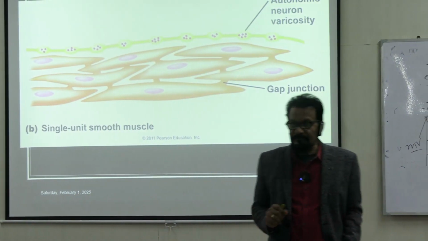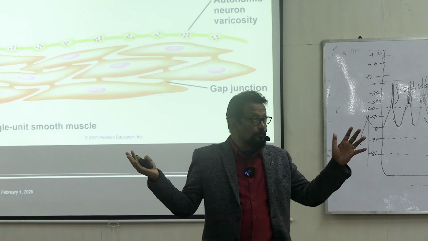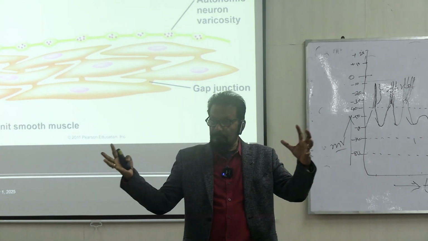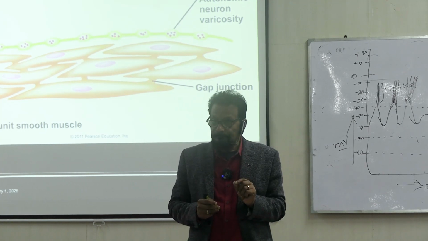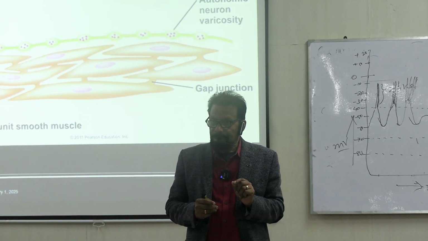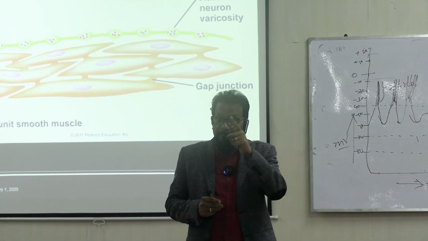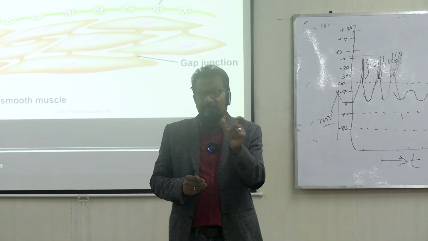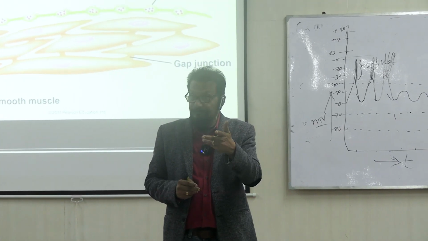In our next class, we will discuss the mechanism of smooth muscle contraction. So what did we learn today? Structure of smooth muscle and mechanism of development of electrical potential. This electrical potential is of two types.